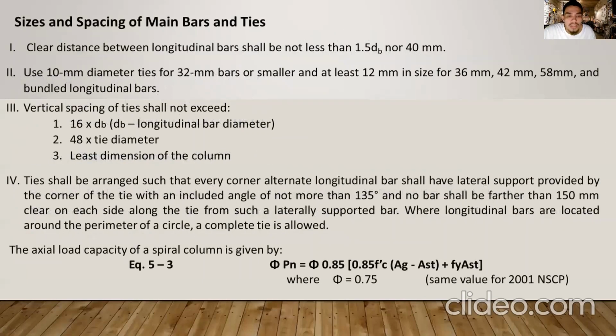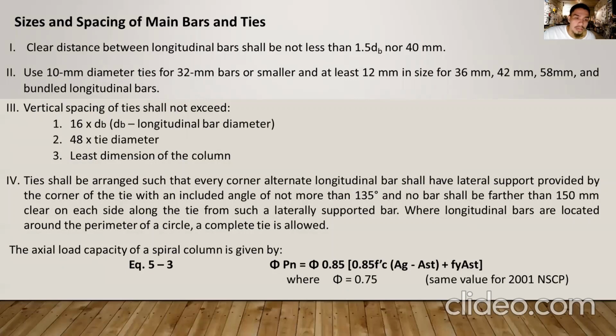Size and spacing of main bars and ties. Free distance between longitudinal bars shall not be less than 1.5 times the bar diameter or 40 mm. So, the distance between each bar should not be less than 1.5 bar diameter or 40 mm.